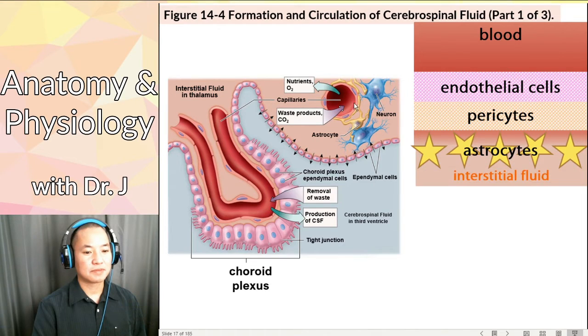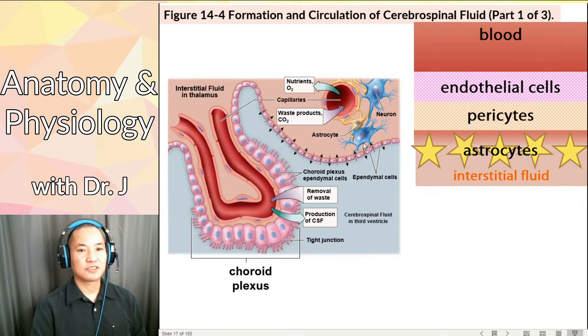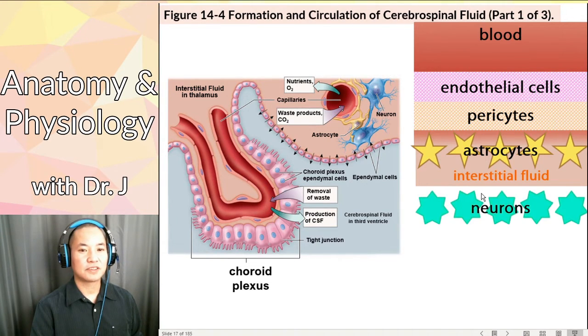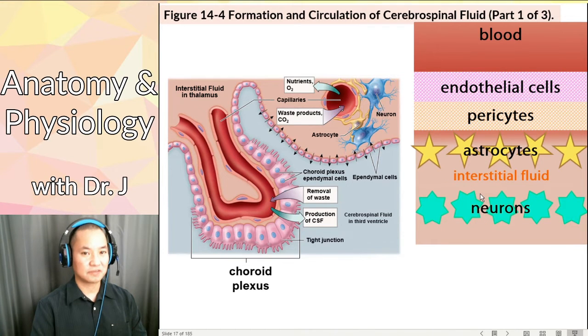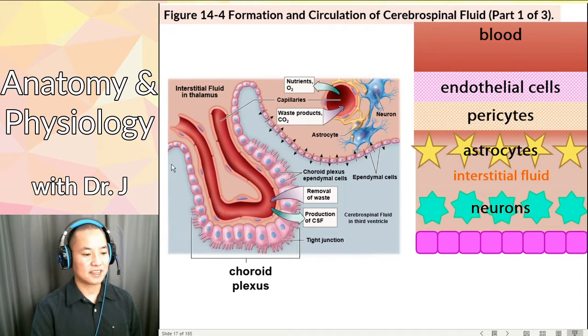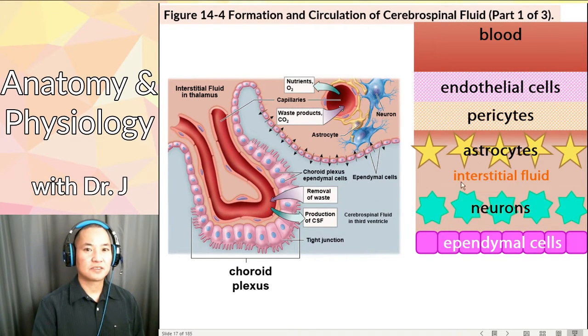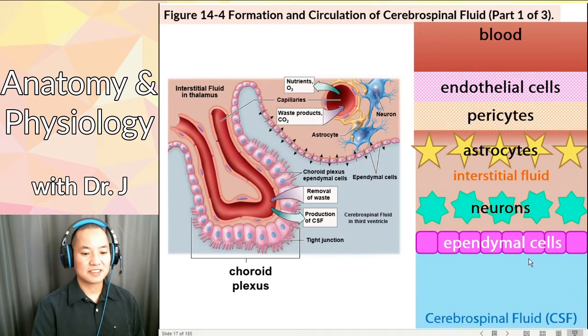So this is the blood-brain barrier, and when you filter the blood through, you have this interstitial fluid. Now, this interstitial fluid is in your cerebrum, among your brain tissue, but it's not quite cerebrospinal fluid yet. So this interstitial fluid filters through more neurons, and then it has to eventually filter through ependymal cells. And these are the ones that actually make the cerebrospinal fluid. So the interstitial fluid is filtered through the ependymal cells, and then it finally becomes cerebrospinal fluid.